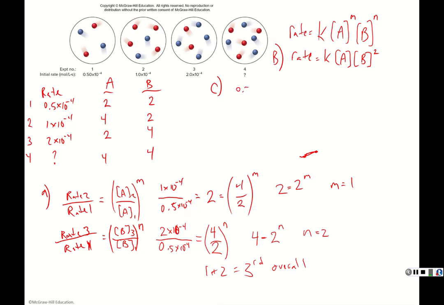So we have a rate of 0.5 times 10 to the minus 4, and that has to equal k times 2 times 2 squared. Right, so 2 squared is 4 times 2 is 8. So k is going to be 0.5 times 10 to the minus 4 divided by 8.